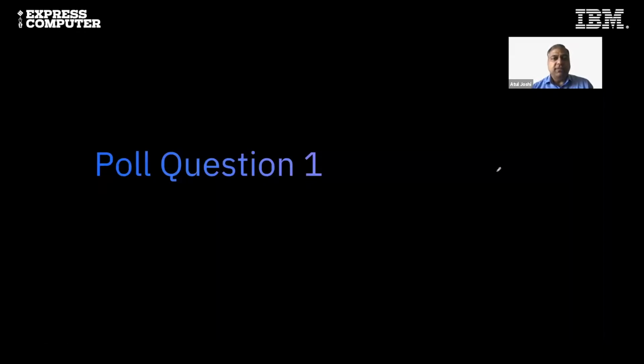Now with that, we have the first poll question coming up. So team, if I could request you to take the poll questions. So we have our first poll question here. Which of the following GRC areas would your organization like to focus on? Your options are IT governance, risk and compliance; second, operational risk management; third, regulatory compliance management; then internal audit management and others.